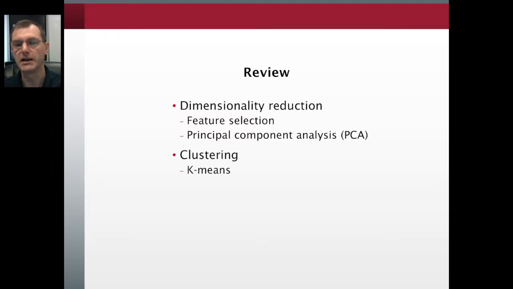And principal component analysis, we're actually computing new features that have high variance and typically much fewer features, so that if we have a high dimensional problem, we can convert it to a lower dimensional problem, which generally improves the performance of our statistical inference. Lastly, we looked at clustering, and specifically the k-means clustering algorithm. Again, that's designed to just give us a view of our data and help us to identify some of the major trends in the data.